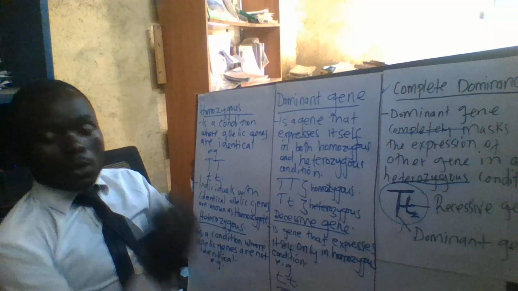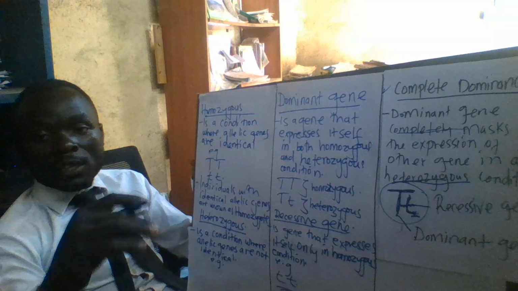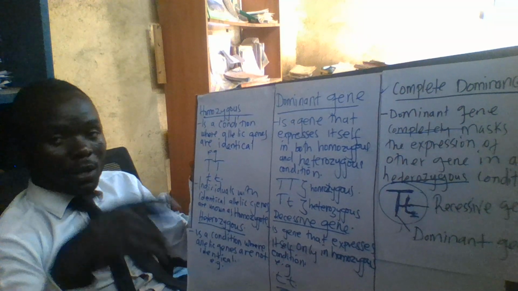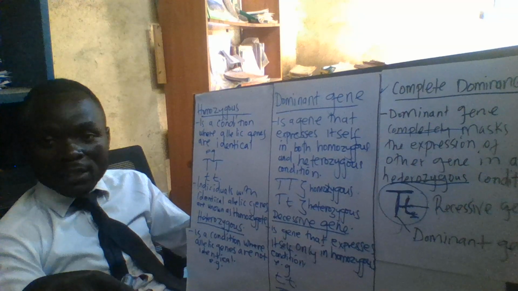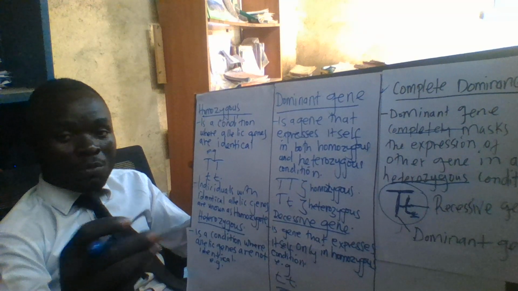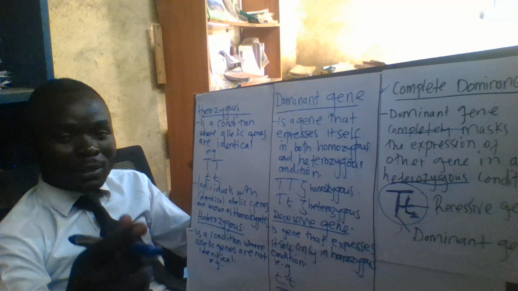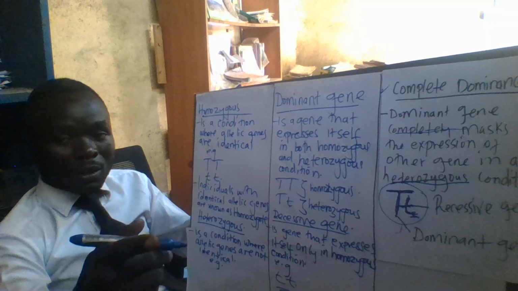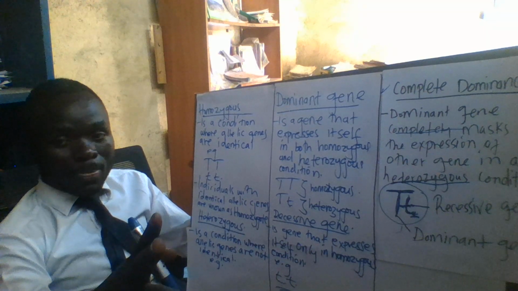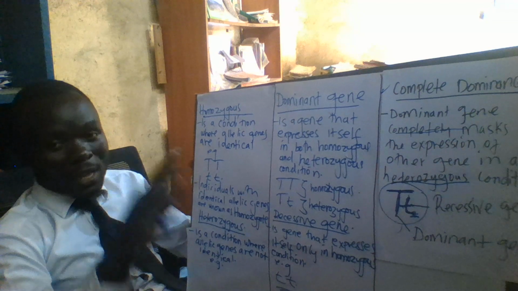So the condition where allelic genes are not identical is what we refer to as heterozygous. It's just like if you mix water and oil, you'll get two layers. So they are not the same.